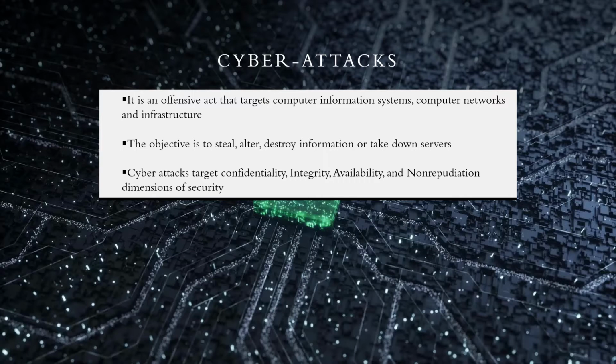If any of these dimensions is targeted, the security of the system is in danger. Therefore, security threats are not limited to stealing and modifying information. If a server is unable to respond to the requests of its clients, its availability is compromised, and therefore the system is considered insecure.